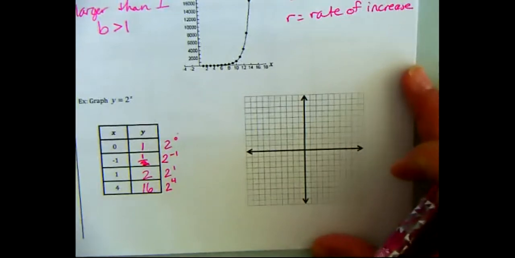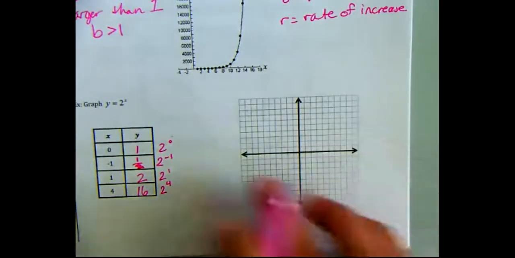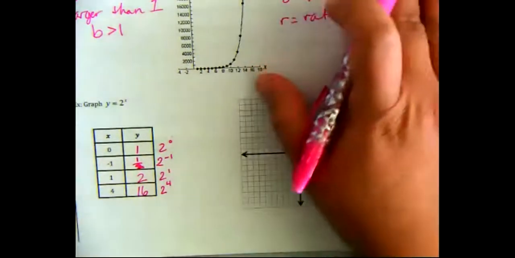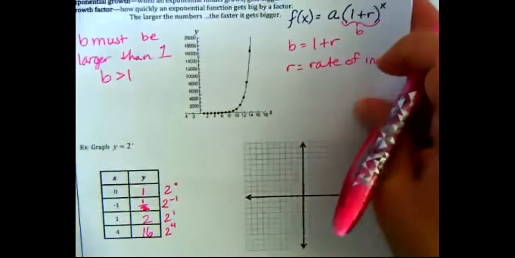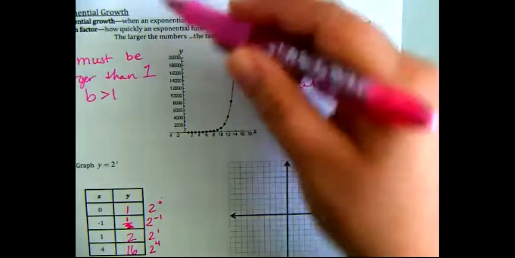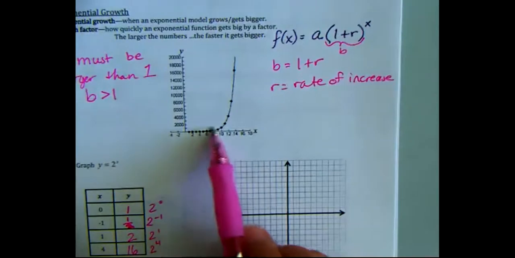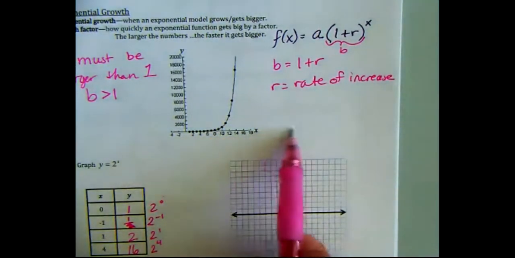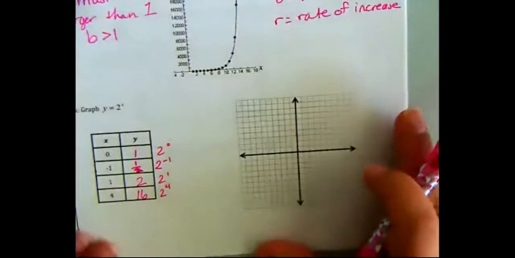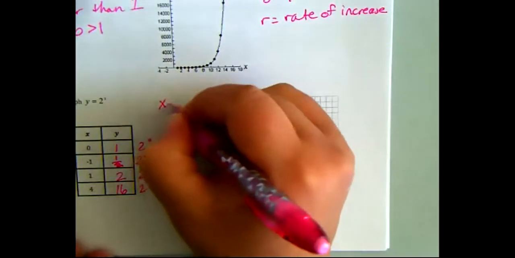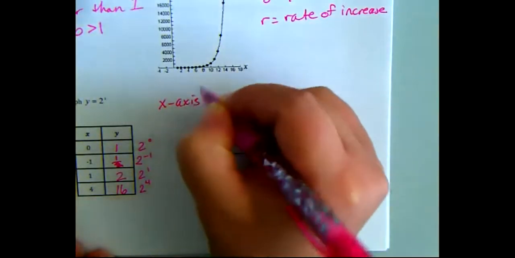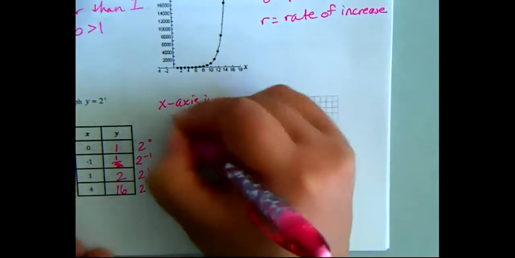All right, so then if we take this and we graph it, we do have to remember one thing. Notice on all of these examples, we do have an asymptote right at the x-axis. So we do have to remember that with exponential functions, the x-axis is an asymptote.